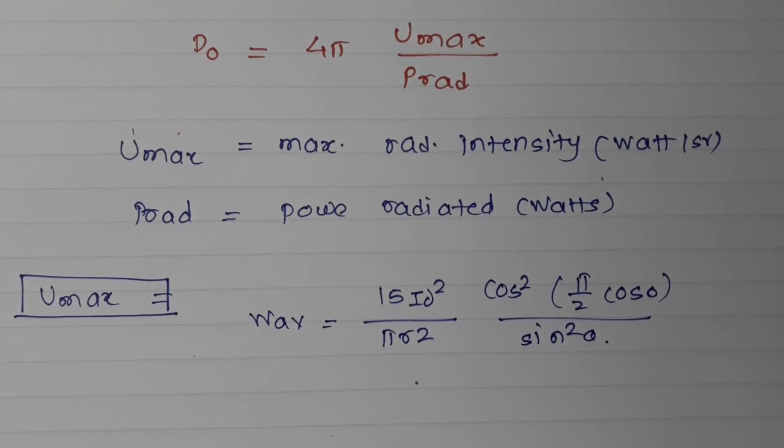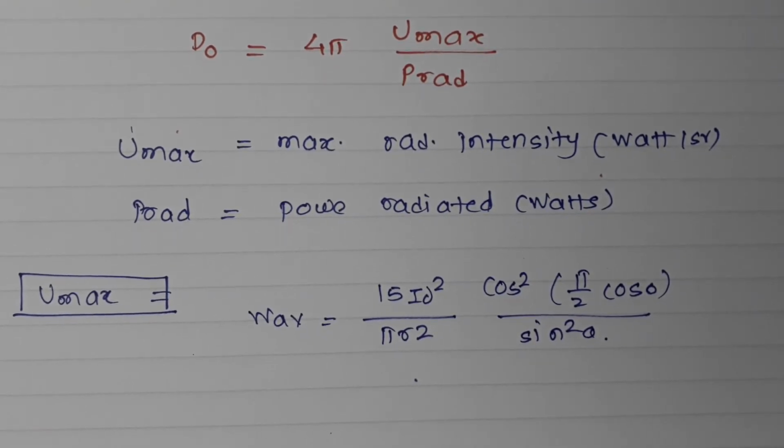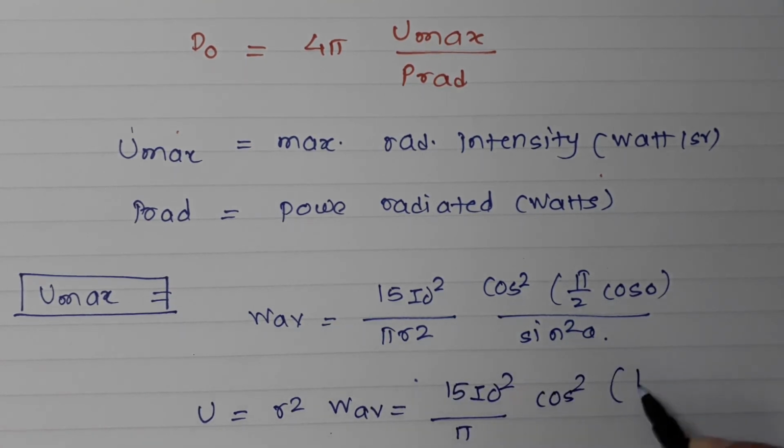The radiation intensity is related to W average: U is equal to r square W average. So I can write here 15 I0 square by pi, cos square of pi by 2 cos theta, divided by sine square theta.